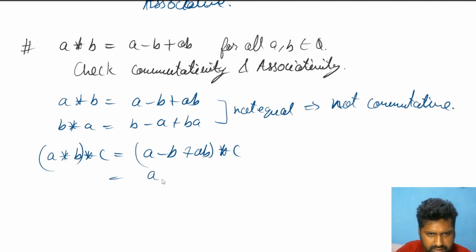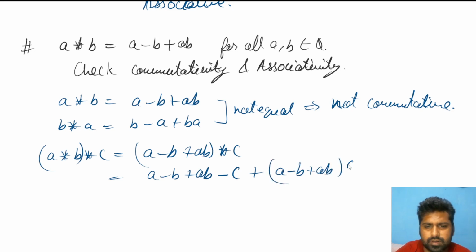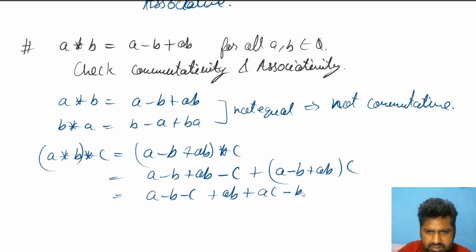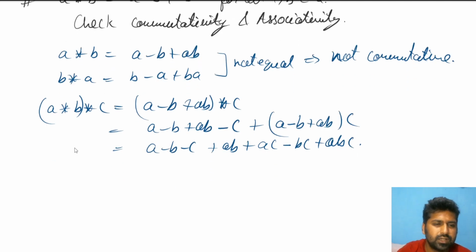Subtract these two: A minus B plus AB minus C, plus their product, A minus B plus AB, and their product with C. So this is A minus B minus C plus AB plus AC minus BC plus ABC. I'm getting a feeling it will not be associative also.